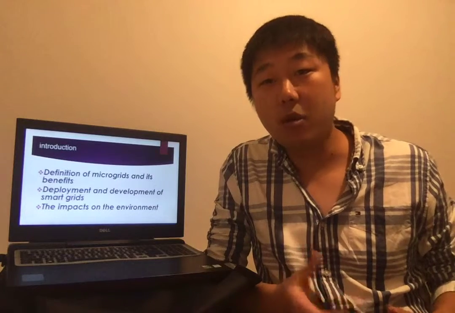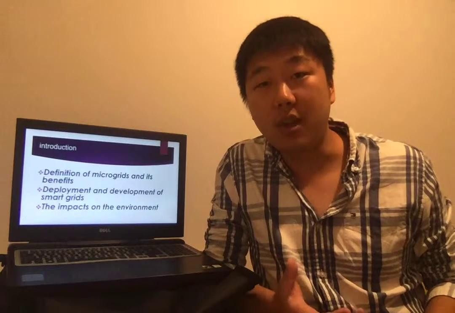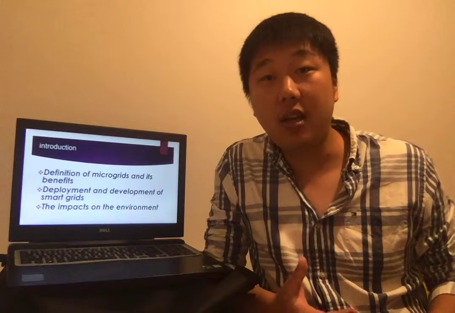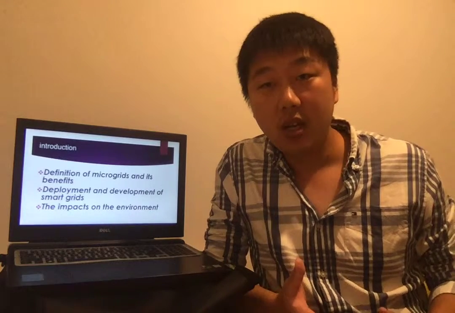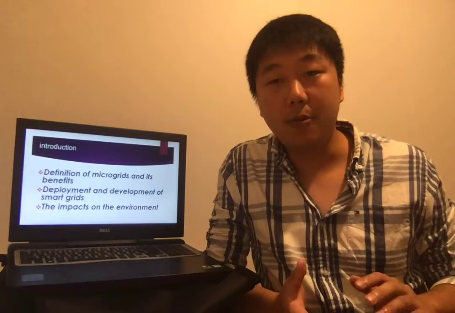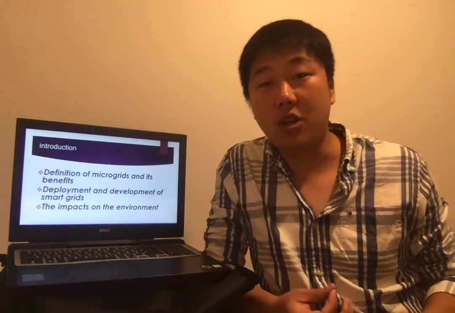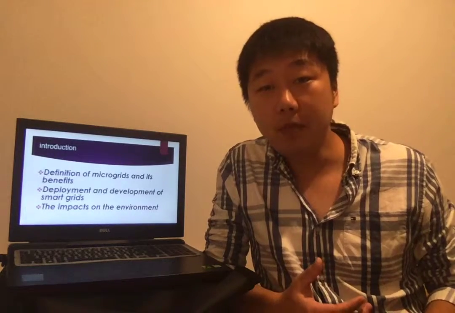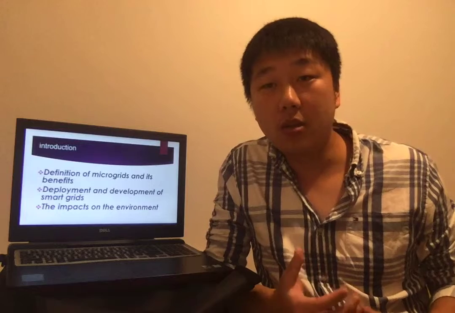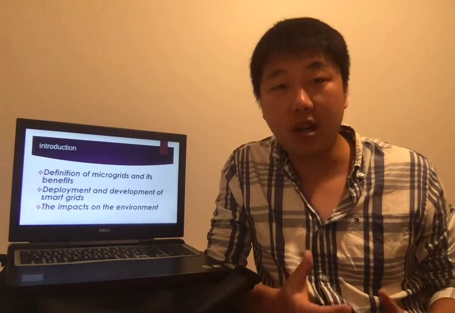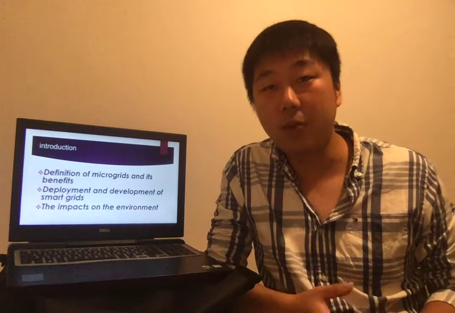The limitation of microgrids is that, due to the unpredictability of the sources, such as solar energy and wind energy, which are the main supply for the microgrid, the power supply capacity of the microgrid is not stable.